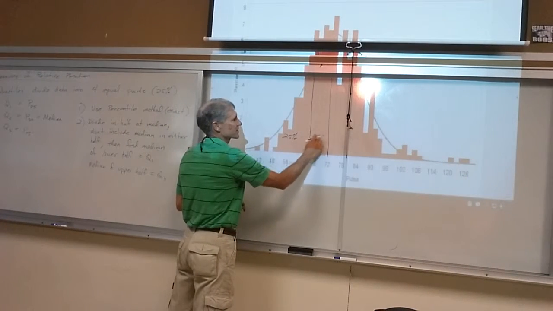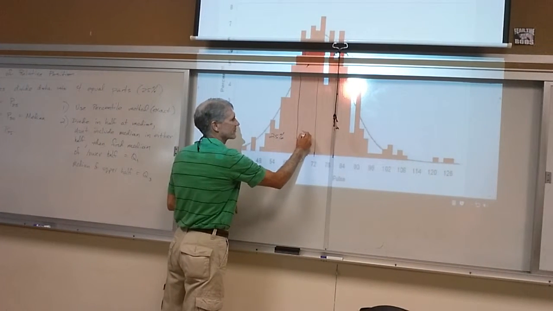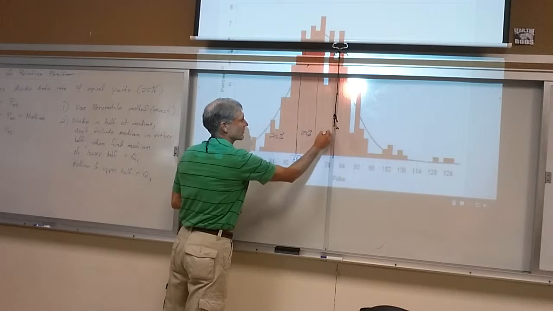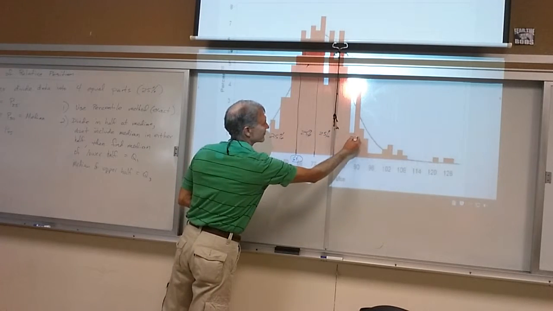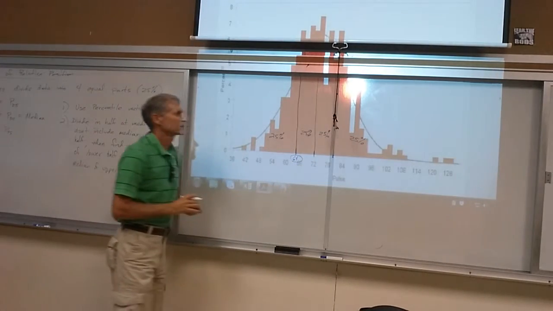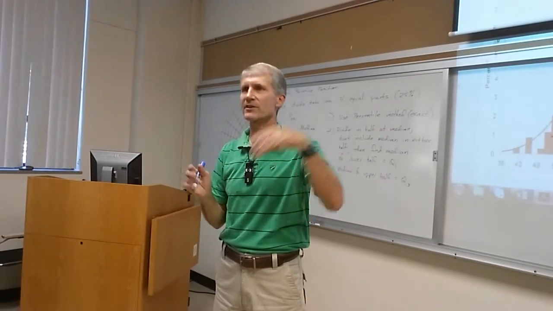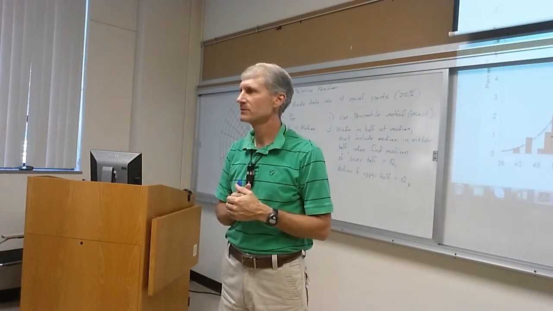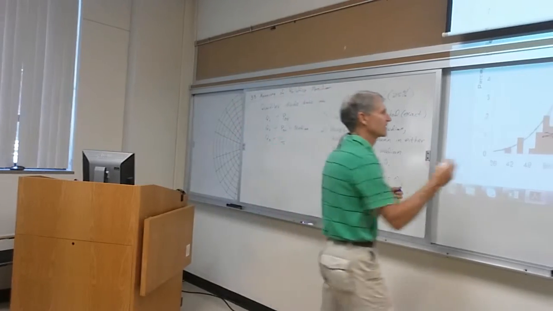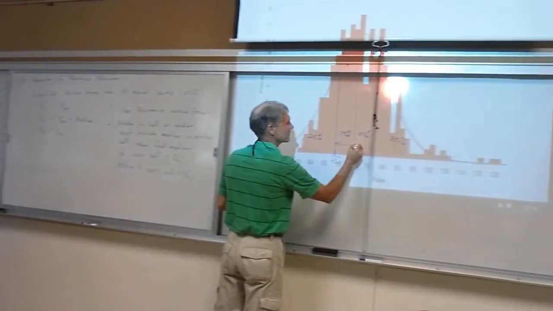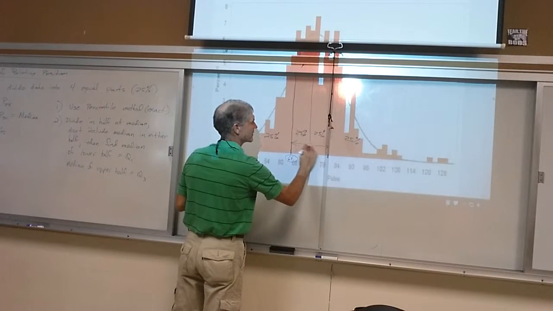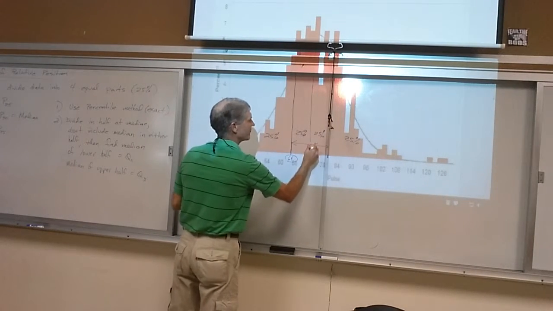How much is in this sliver? 25%. And so on. All of these have 25%. So what percent of the data falls between the first quartile and the third quartile? 50%. So from here to there is 50%.